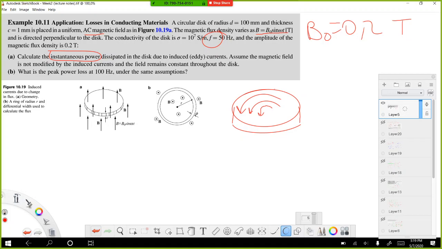So what do we do? First of all, let's reduce our problem into the linear case.